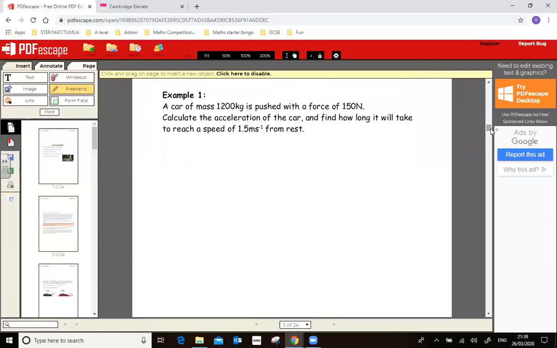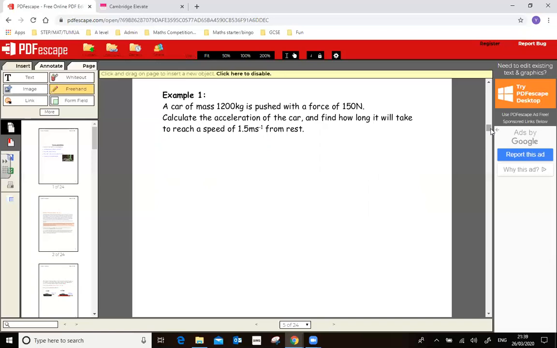Right, let's have a look at an example. A car of mass 1,200 kilograms is pushed with a force of 150 Newtons. In this case, we assume that there are no other forces acting on the car except the force of 150 Newtons.